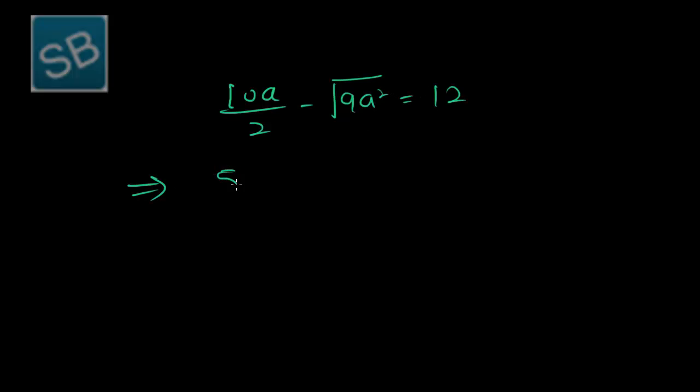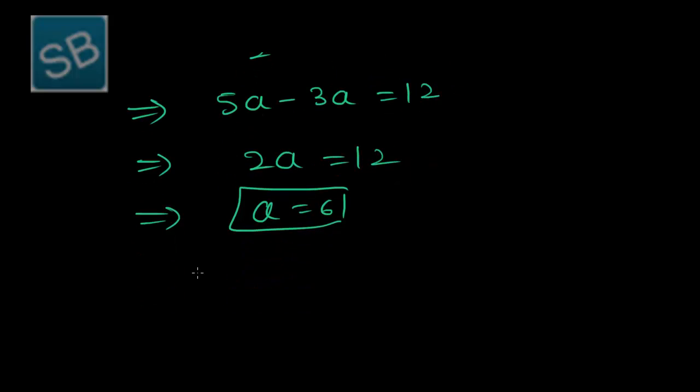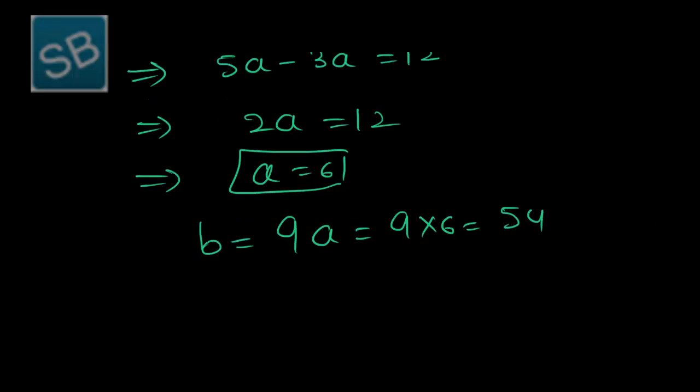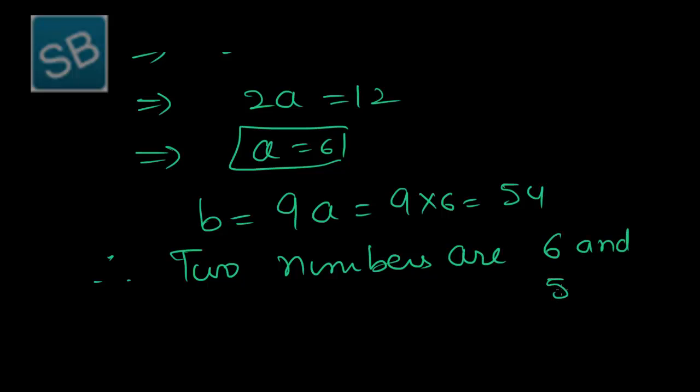So we get 5A minus 3A is equal to 12. That gives 2A is equal to 12, so A is equal to 6. And B is 9 times A, that is 9 into 6, that is 54. Therefore, the two numbers are 6 and 54.